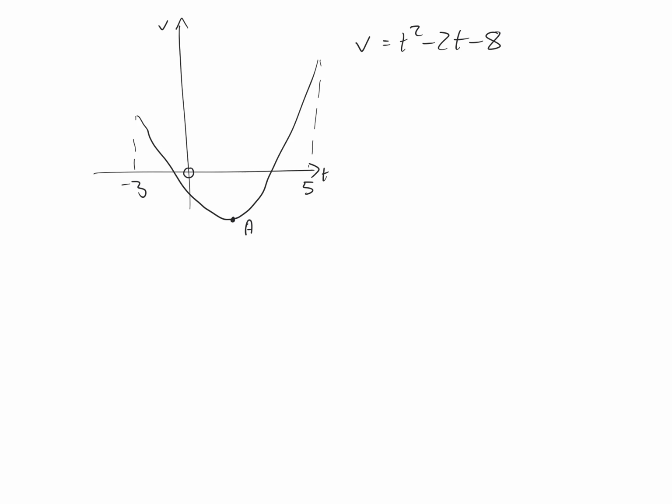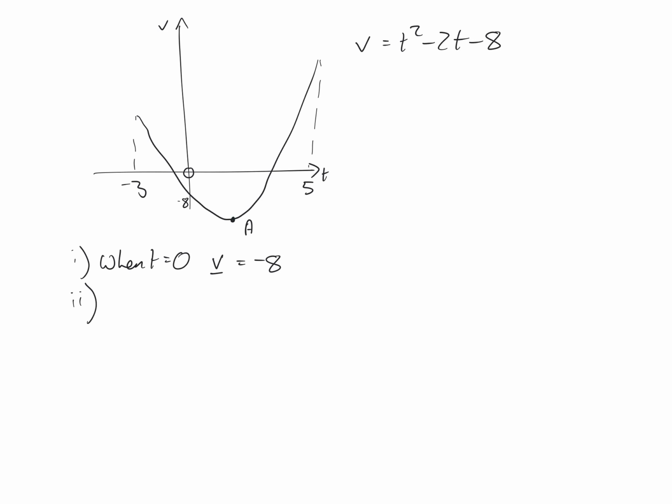Write down velocity of the insect when T is 0. When T equals 0, velocity, as a vector, is -8, just by subbing in 0 into that.